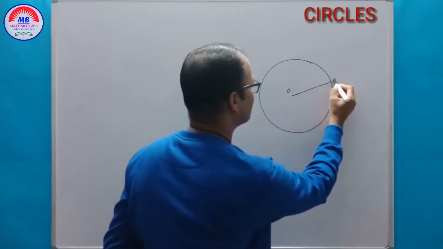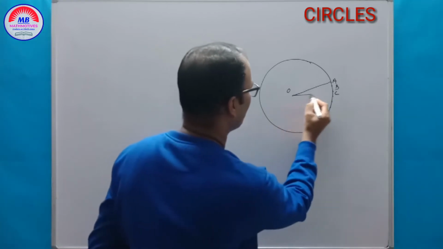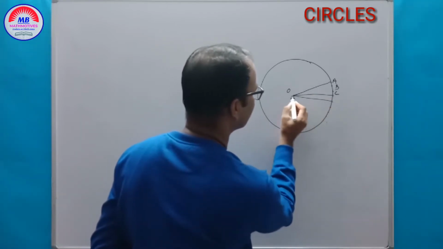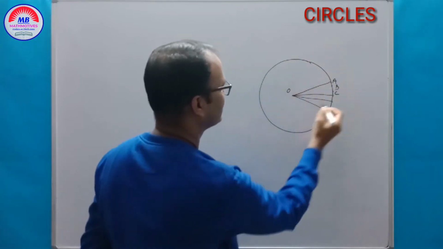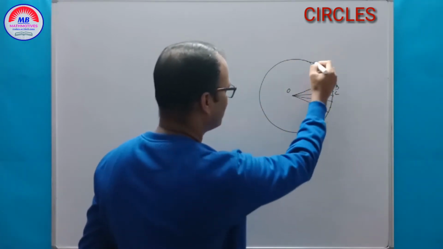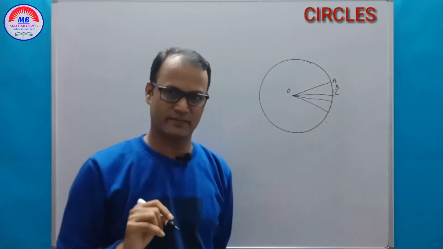You see, this is a point, this is a point, these are points. If we join all these points, we get a circle.